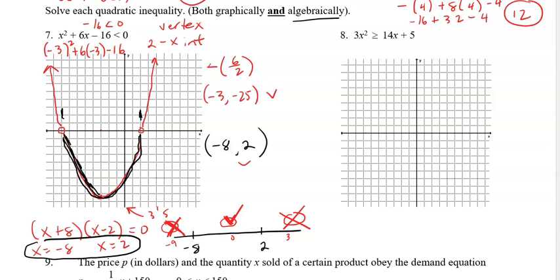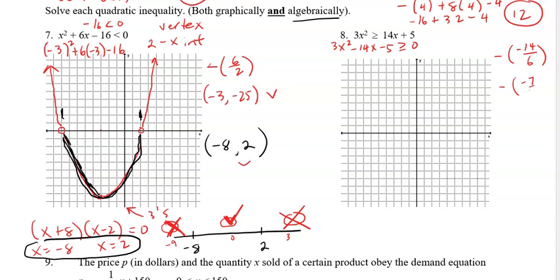Okay, so for number 8, we'll set this up in standard form. So I subtracted 14x, I subtracted 5. So do the same thing, we just need to find the vertex. So this is going to be the opposite of b over 2a.